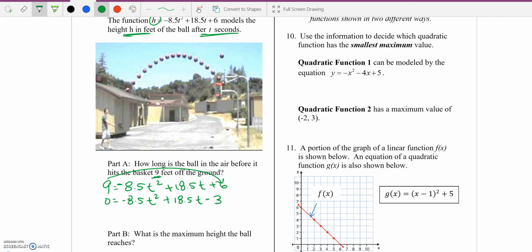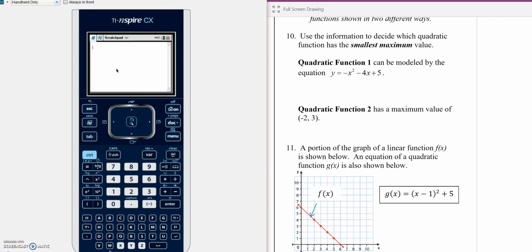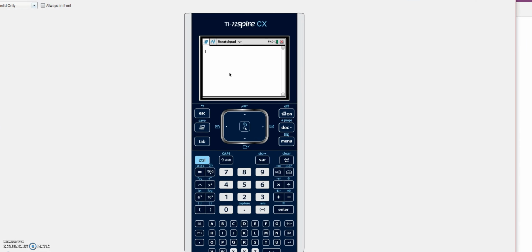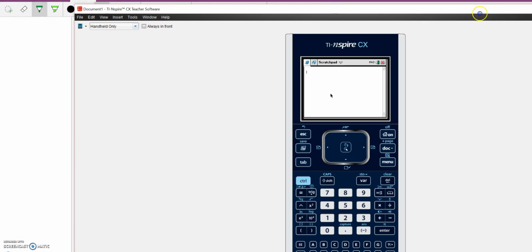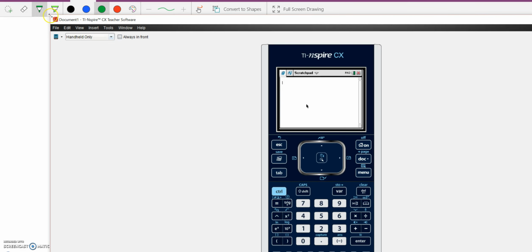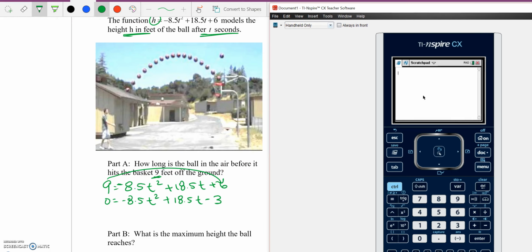I could use the quadratic formula, but instead I'm going to use my calculator. Let me make that a little bit smaller so we can actually see everything that's going on.